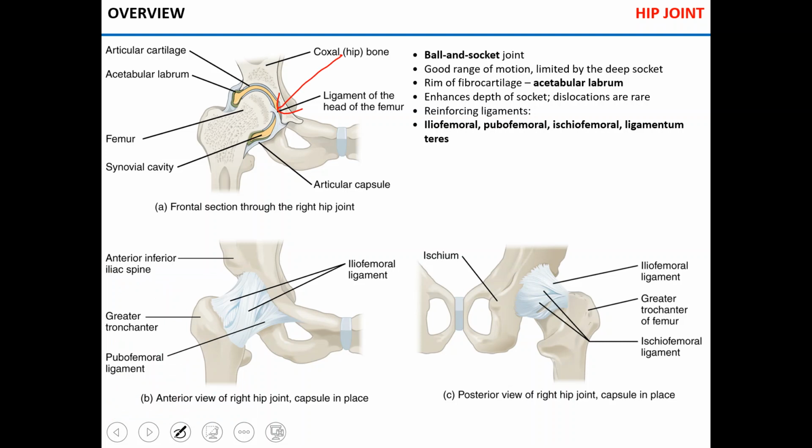Iliofemoral ligament that connects ilium to the femur. Ischiofemoral ligament that connects femur to the ischium, the posterior part of the hip joint, and pubofemoral ligament that connects femur to the pubis.